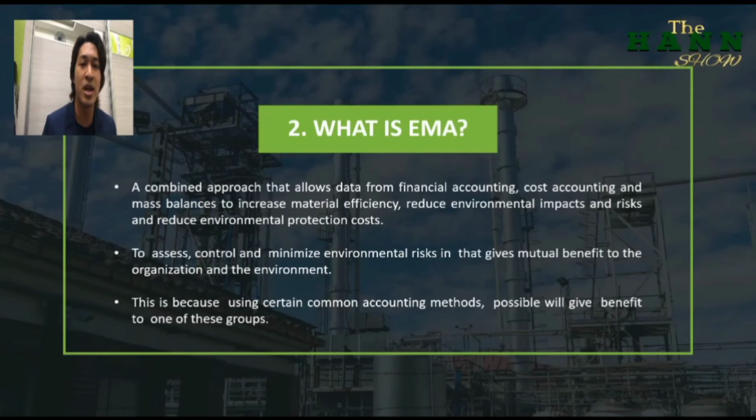It is also to assess, control, and minimize environmental risk in a way that gives mutual benefits to the organization and the environment. This is because using certain common accounting methods may give benefits to one or the other party.